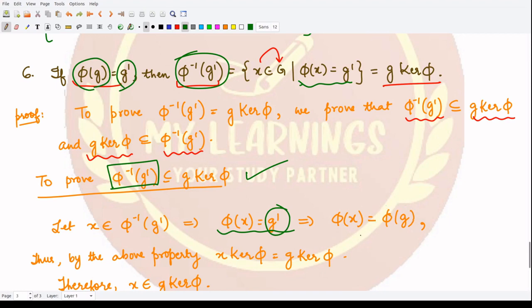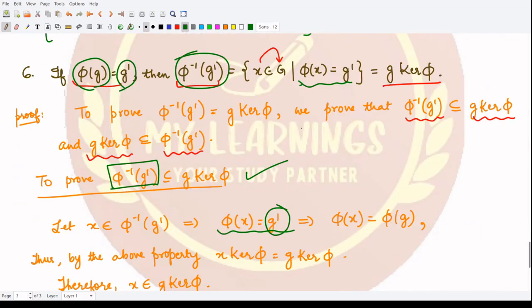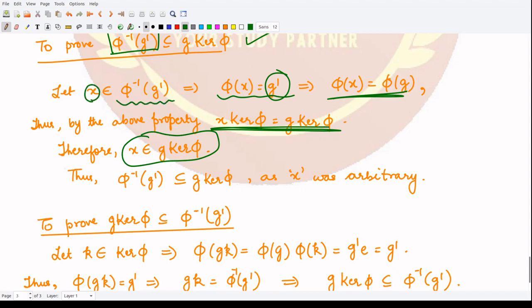Now using the above property, if two phi are equal to each other, then their corresponding cosets are also equal to each other. So if phi of x is equal to phi of G, then x kernel phi would be equal to G kernel phi, and from here you can clearly say x belongs to G kernel phi using the properties of cosets. So we started by taking some arbitrary element x in phi inverse G dash, and we end up getting it present in G kernel phi. Hence phi inverse G dash is contained in G kernel phi, as x chosen was an arbitrary member.